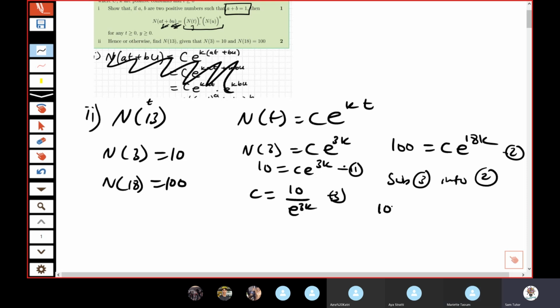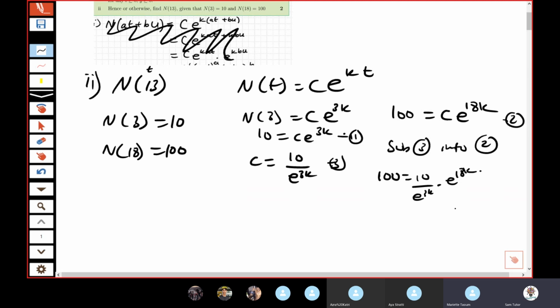So it would look like this. 100 equals C, which is 10 on e to the power of 3k, times e to the power of 18k. And then what's e to the power of 18k on e to the power of 3k?